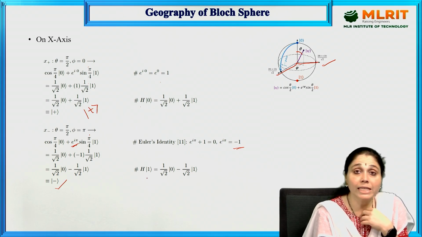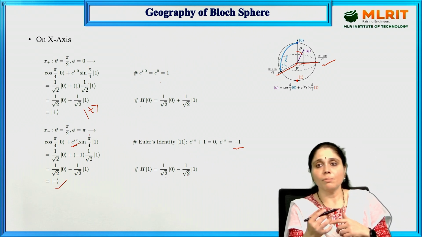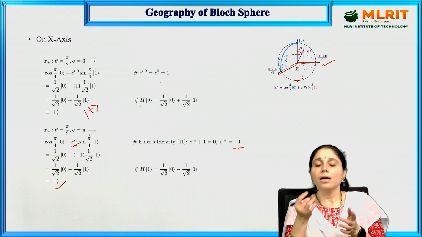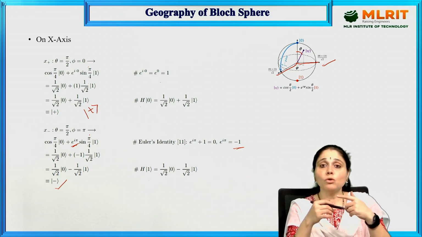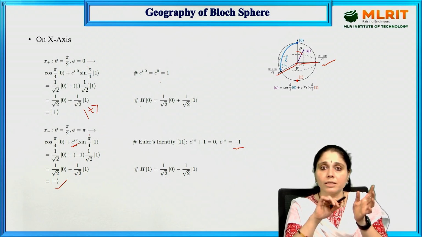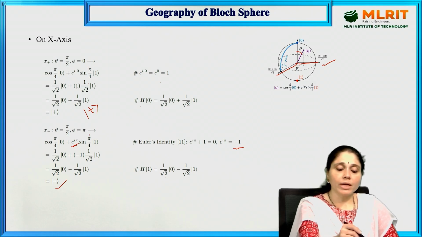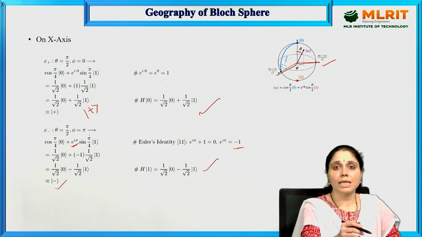Here also H of ket 1 is equal to 1 by root 2 ket 0 minus 1 by root 2 ket 1. Whatever it may be, addition or subtraction, there will be a superposition of the zeros and ones. So we can observe here the superposition of zeros and ones in this case.